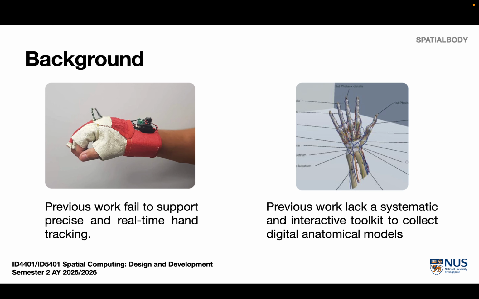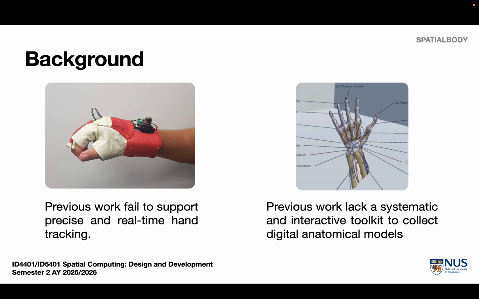And additionally, many existing studies rely on wearable hardware for limb motion tracking, for example, gloves. But most of these devices often struggle with sizing adaptability across different users, and their overall tracking accuracy is significantly low.